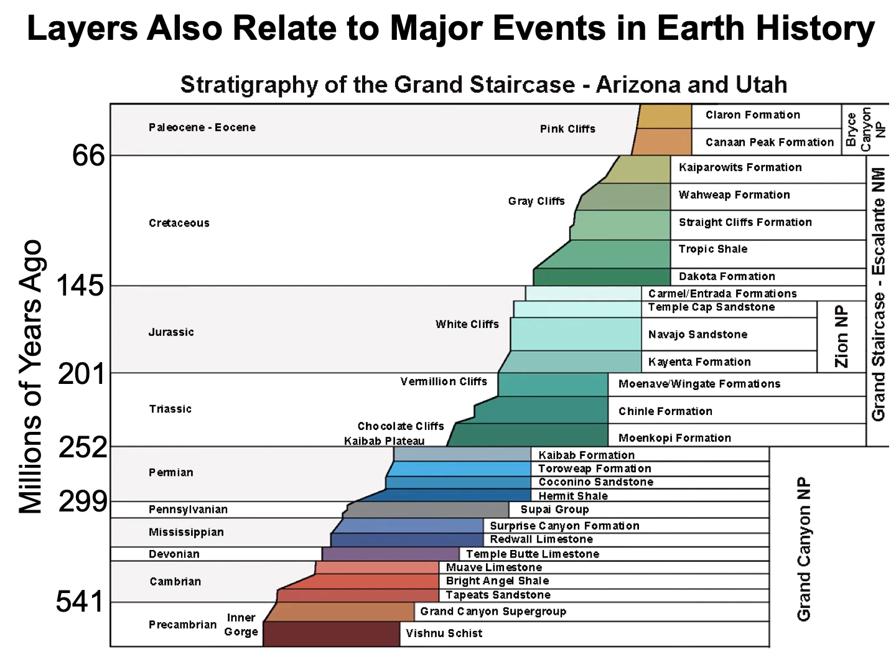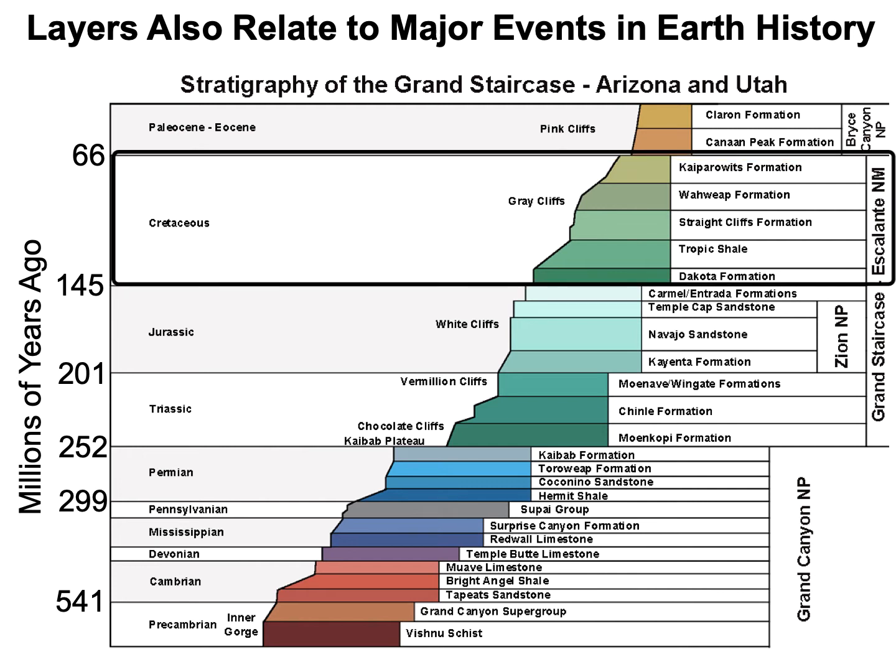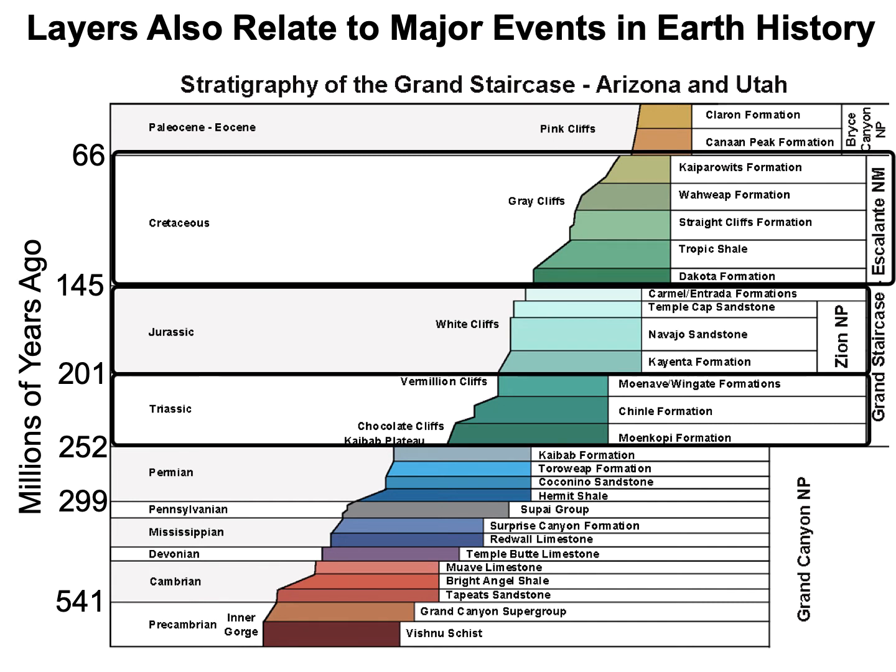So if you look from the top, that first line dividing some gray cliffs from pink cliffs, that's about at the 66 million year mark, 66 million years ago, when the dinosaurs went extinct. And then you can follow through to the Cretaceous, Jurassic, Triassic, and in all of those you would find dinosaur bones because that's when the dinosaurs were on Earth.